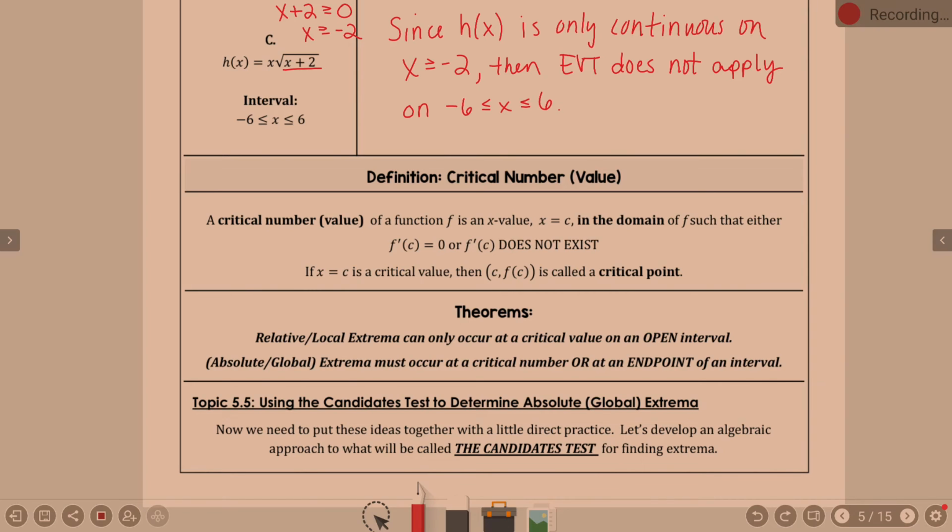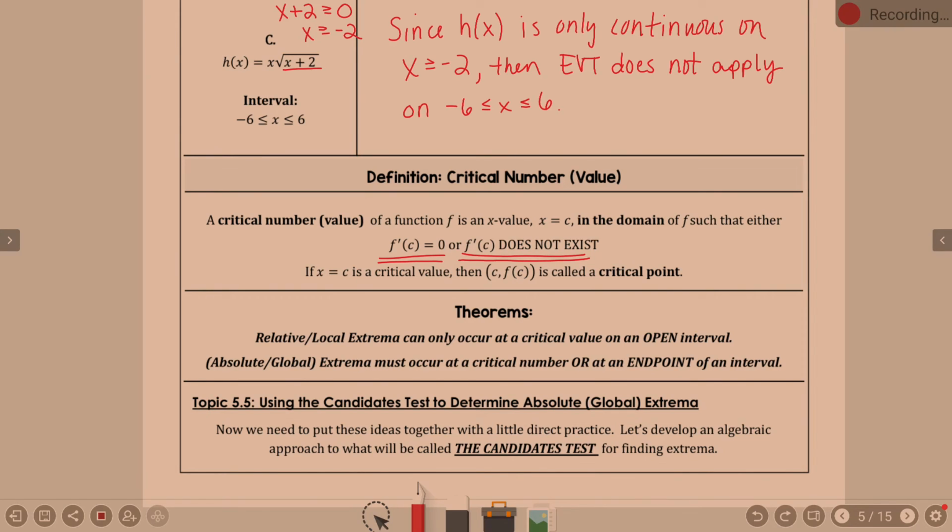But a critical number, or a critical value, or a critical point, all interchangeable, of a function f is an x value, x of c, in the domain of f, such that either the derivative equals 0 or the derivative does not exist. Okay?